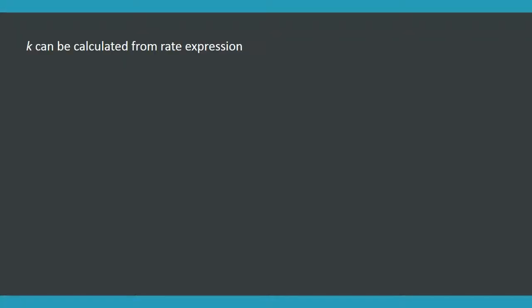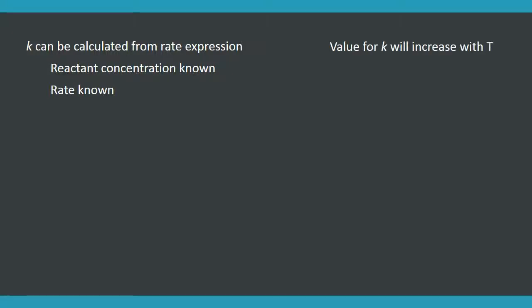So K can be calculated from a rate expression if we know everything, right? So we have to know the concentration of the reactants, 1, 2, 3, all of them, right? And we have to know the rate within the reaction itself. Now, keep in mind, the only thing that can affect the value of the rate constant is temperature.